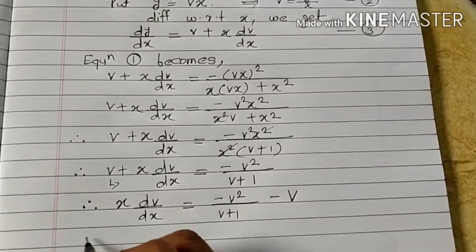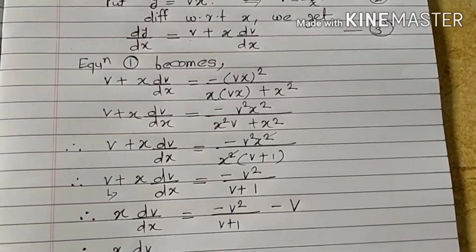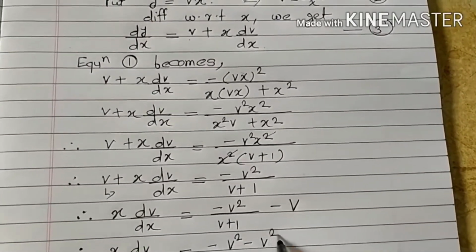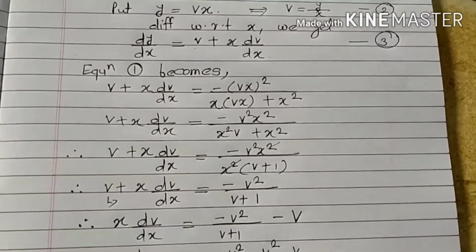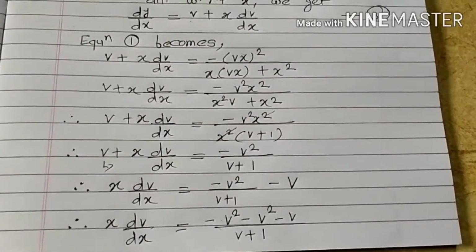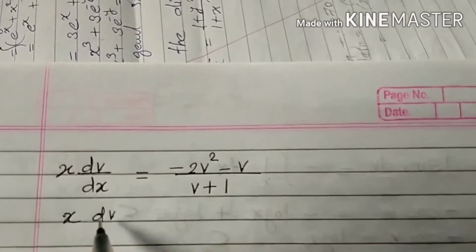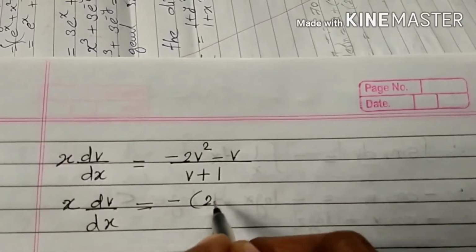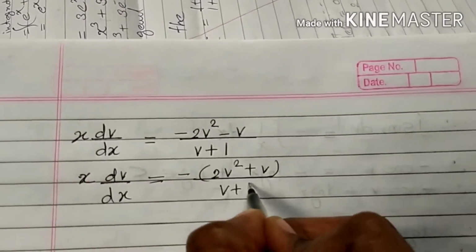Now cross multiply the terms, so we get x dv upon dx, which is equal to minus v square minus v upon v plus 1. So it is minus 2v square minus v upon v plus 1. Now next step, x dv upon dx is equal to, take the minus sign common, so it is minus 2v square plus v upon v plus 1.